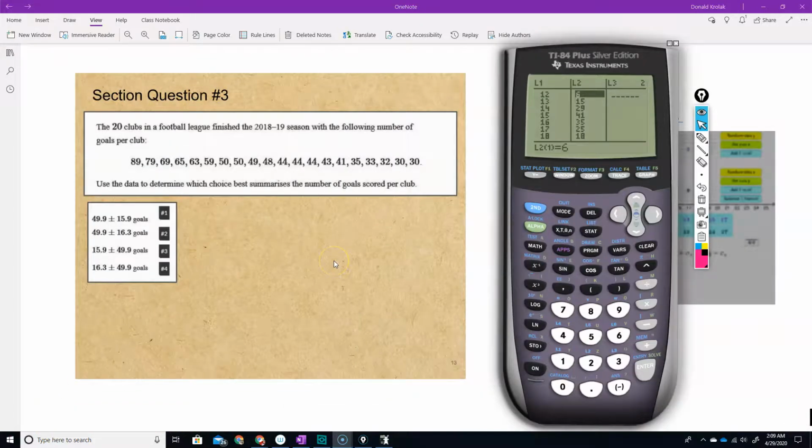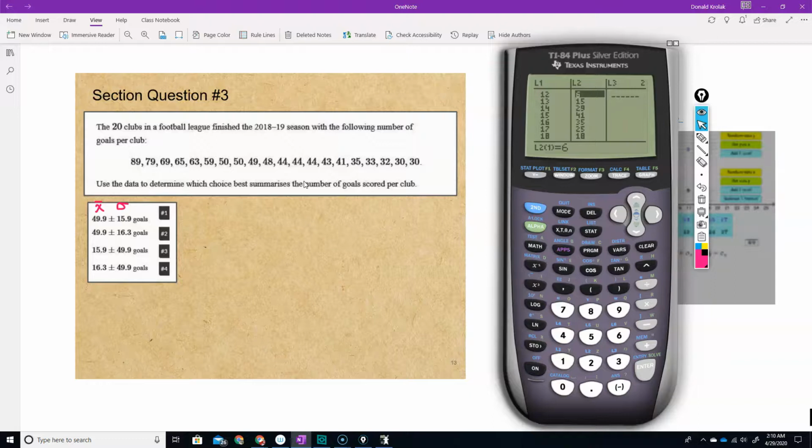So you've got 20 clubs in a football league. Now this is soccer in the 18-19 season with the following number of goals per club. Use the data to determine which choice best summarizes the number of goals per club. So this is your average value here, and then this is 1 standard deviation above and 1 standard deviation below.